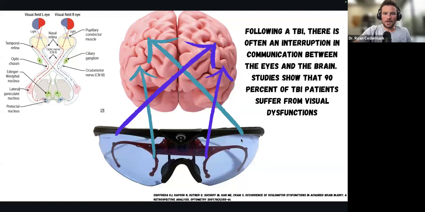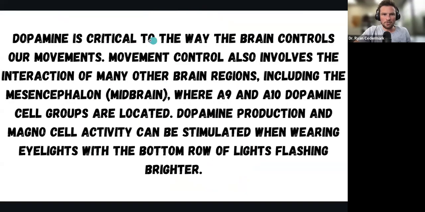The reason for that is you're getting releases of neurotransmitters, two in particular. One is dopamine. It's critical for brain function, for motivation, for drive, but also for physical movement. It comes from the top part of the brainstem, called the midbrain. There are specific areas where dopamine cells live, and dopamine production can be stimulated when you're shining light coming in from certain areas.